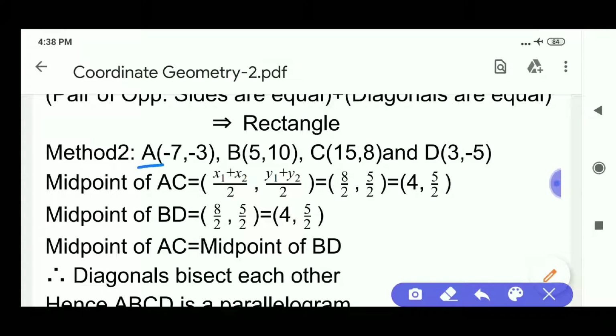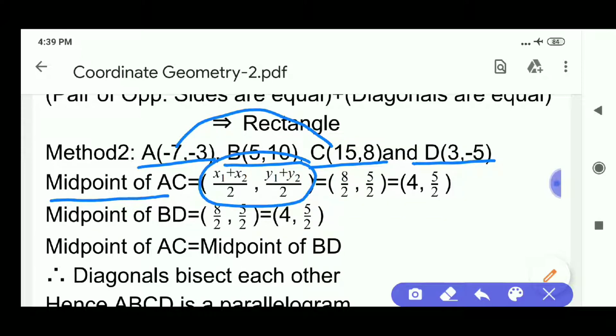So, consider first point as A, second point as B, third point as C, and last point as D. What is the diagonal here? You know that the diagonal is AC, midpoint of AC. The formula to find the midpoint is (x1 plus x2)/2, (y1 plus y2)/2.